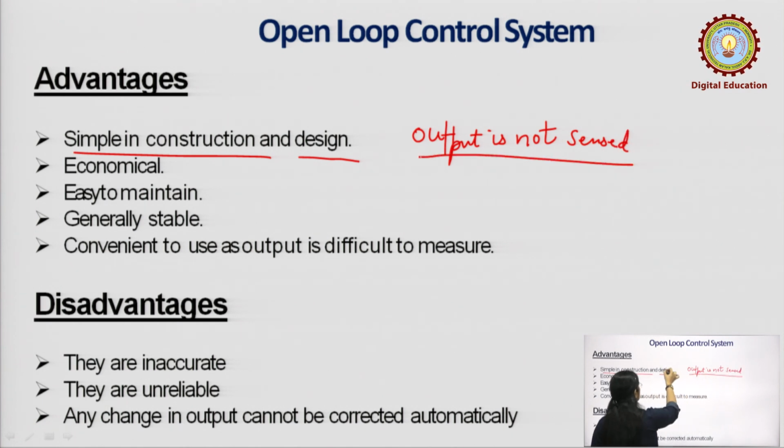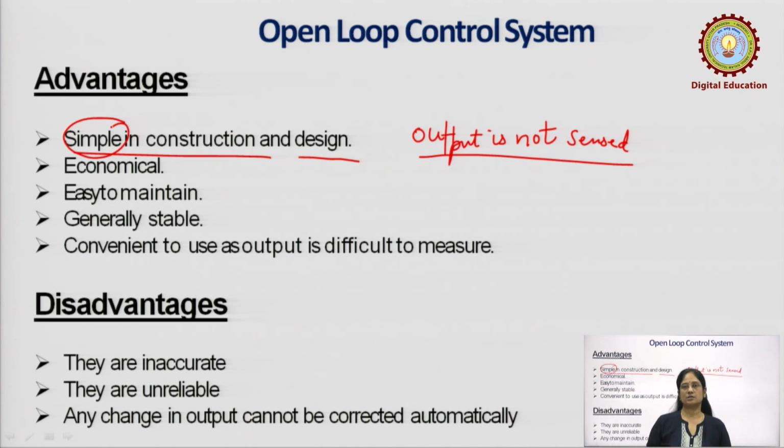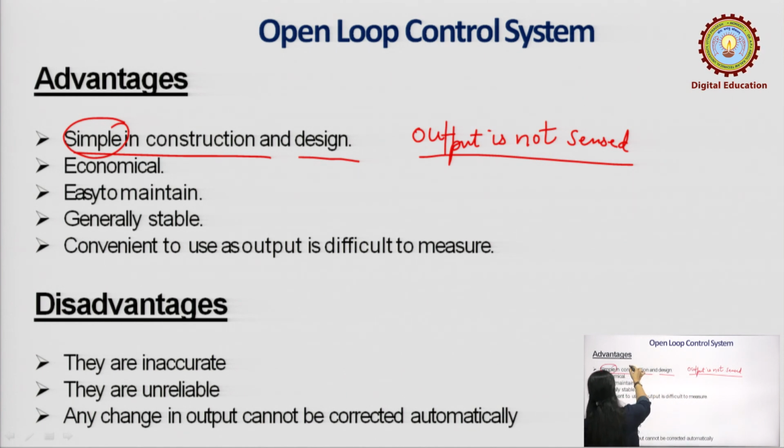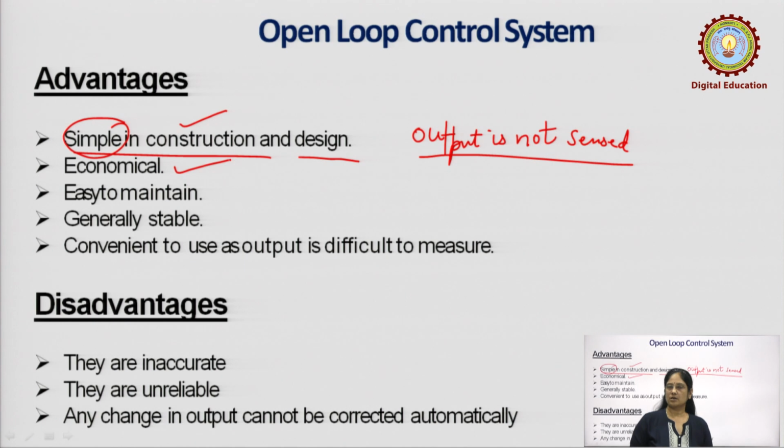In that case the major designing becomes simple. We are not using any sensors to sense the desired output, and therefore the construction becomes very simple, and of course the components are less, so it can also be termed economical, easy to maintain, and generally stable, because we want the systems to be stable.